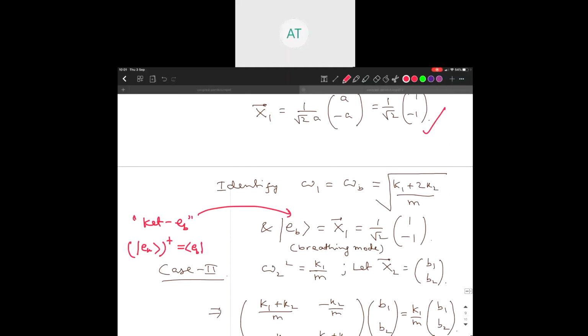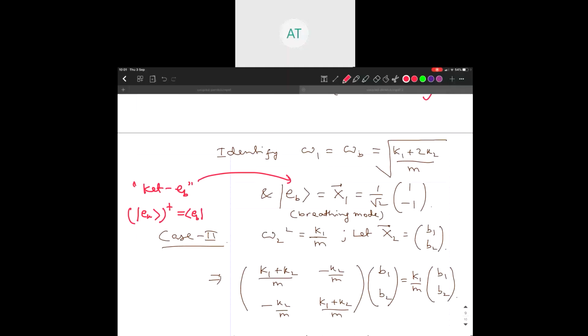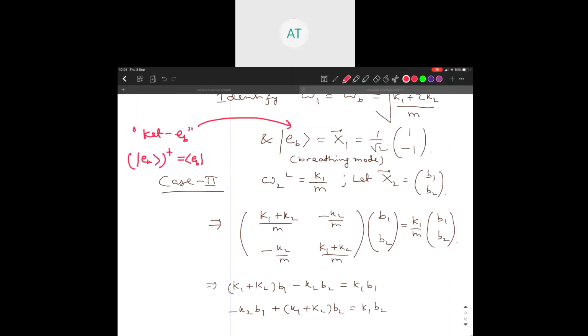Similarly, for the lower frequency case, we can write omega 2 square is k1 by m, and accordingly x2 equals (b1, b2). This is an assumption, or a test case, and accordingly we can write the corresponding eigenvalue equation.